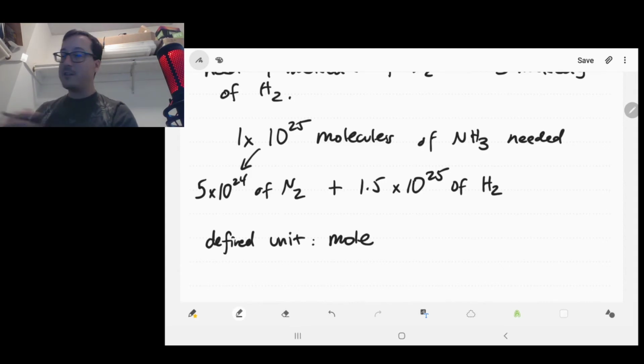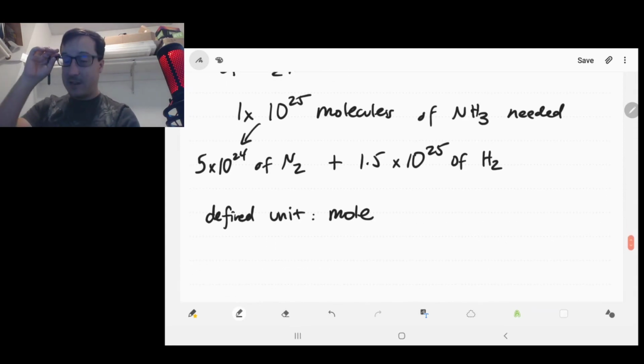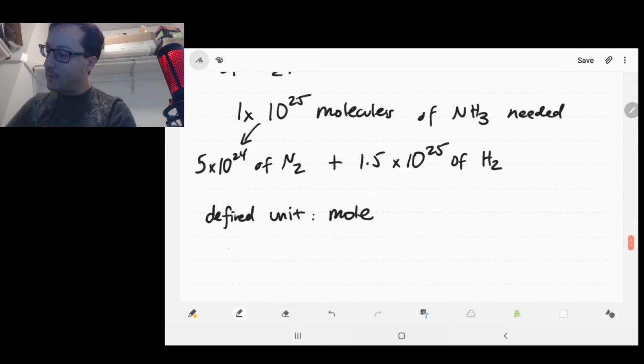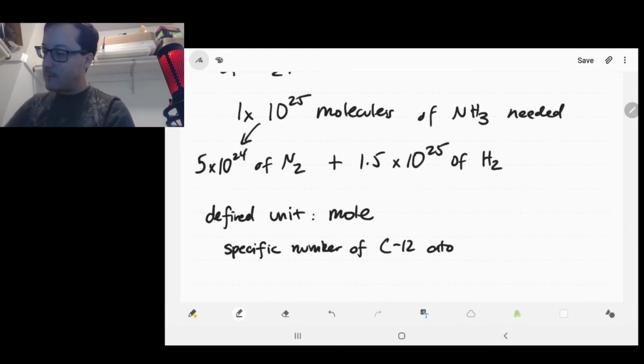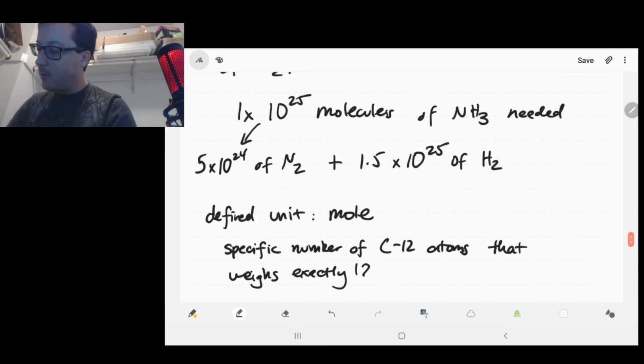It used to be defined as, it's slightly different now, but it was the specific number of carbon-12 atoms that weighed exactly 12 grams.